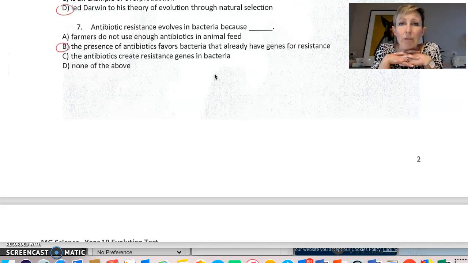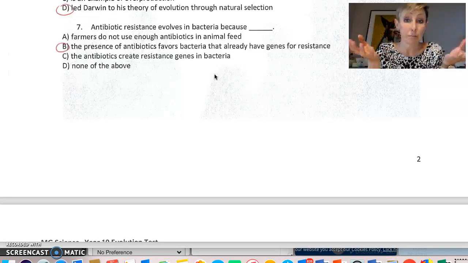The genes have to be in the bacteria to start with, so antibiotics do not cause resistance, but what they do is they allow bacteria who have naturally acquired resistance, likely through a mutation, to thrive: the antibiotics wipe out the vulnerable cells or organisms and allow those with resistance to survive. But the bacteria have to have the resistance to start with.